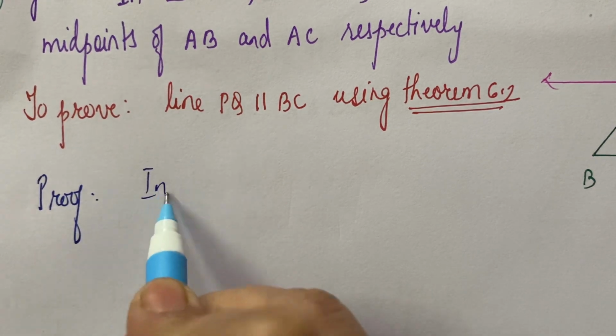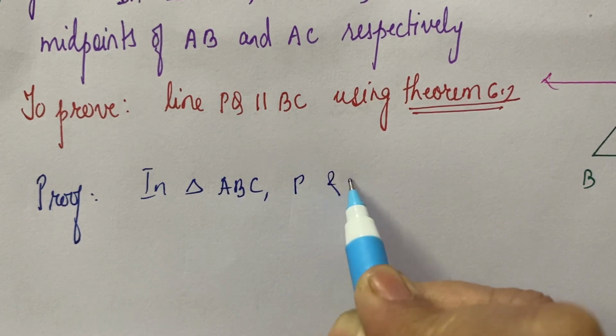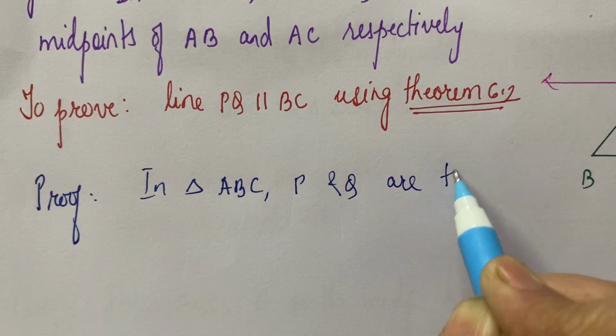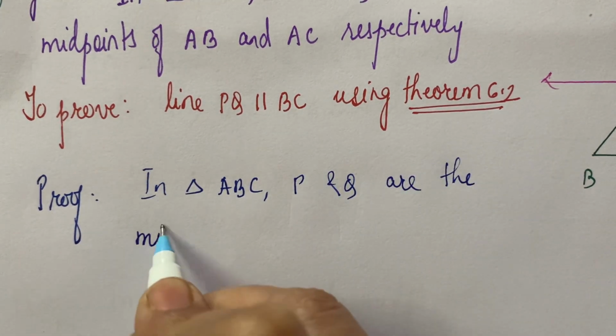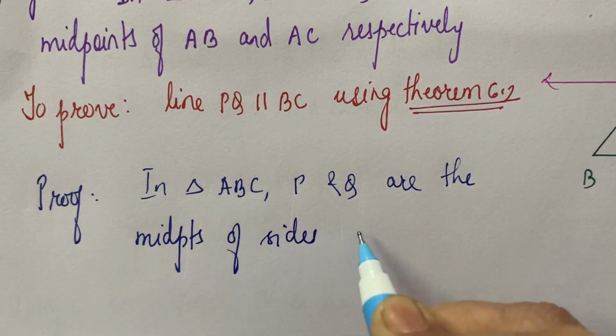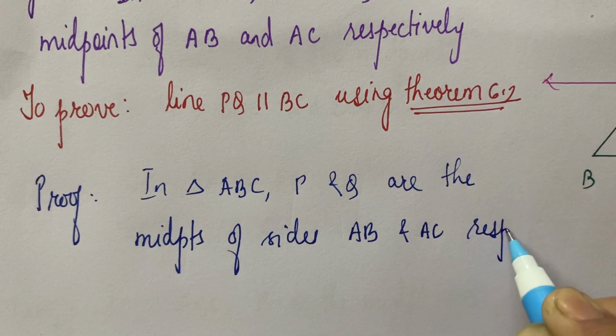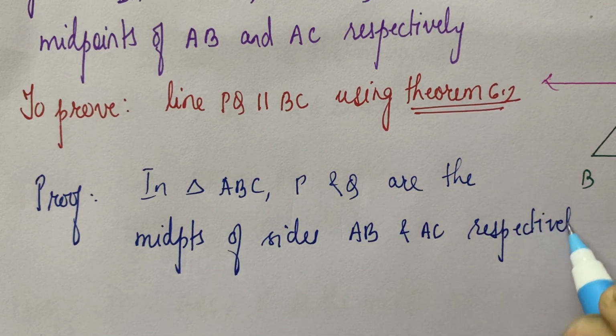In triangle ABC, P and Q are the midpoints of sides AB and AC respectively. You have been given this.